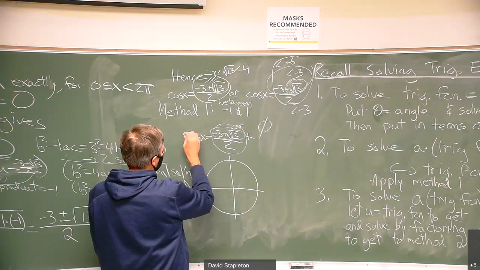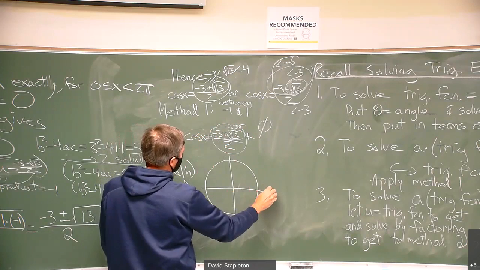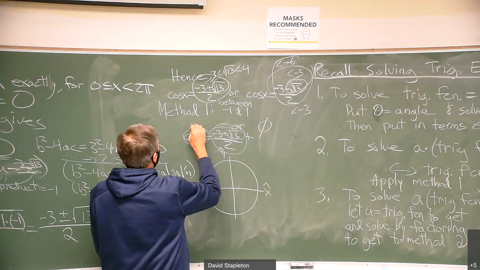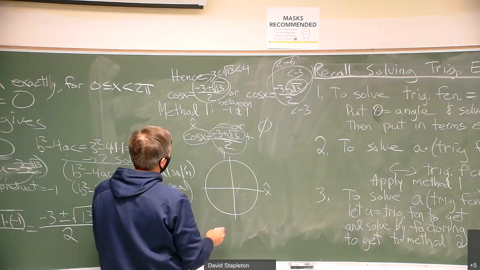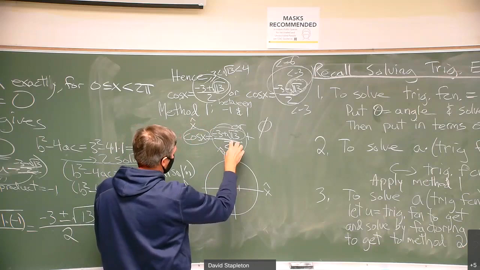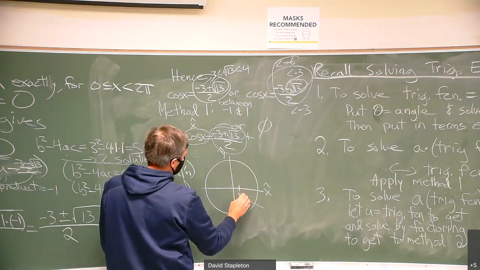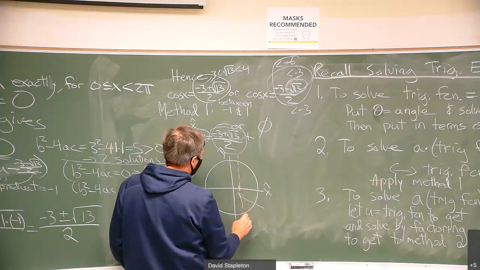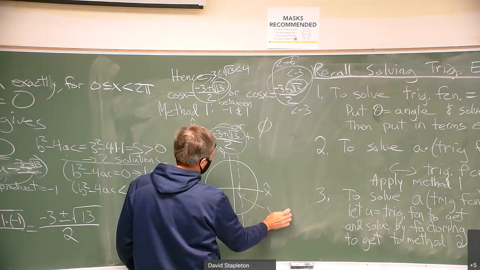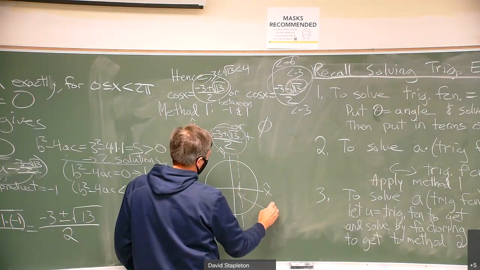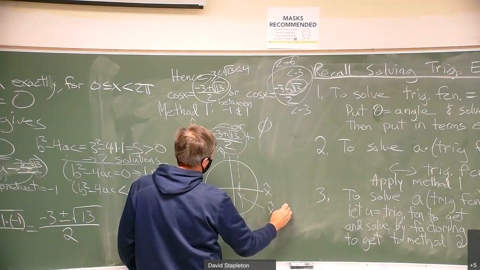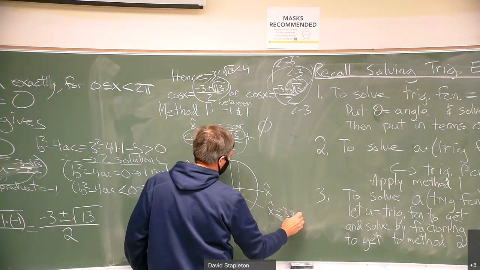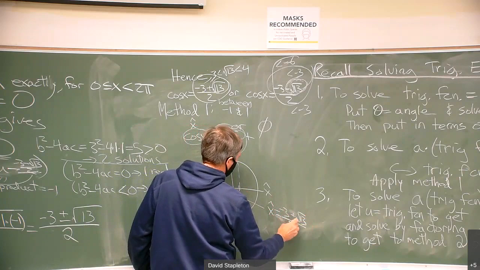I say the cosine is the x coordinate on the unit circle. Maybe we call this x hat or something. So cosine is the x coordinate, x hat, around the unit circle. And whatever number this is, maybe I don't know, I can run it in the calculator, but I don't need it. I just know it's positive, so it's over here somewhere. And this can be the line of all coordinates x hat equals minus 3 plus square root 13 over 2.